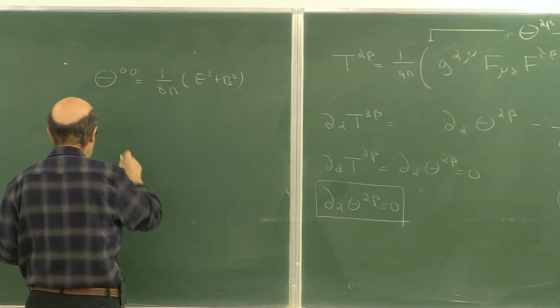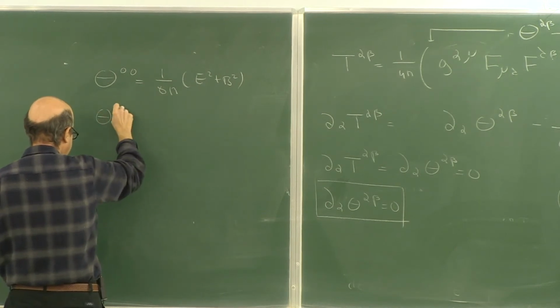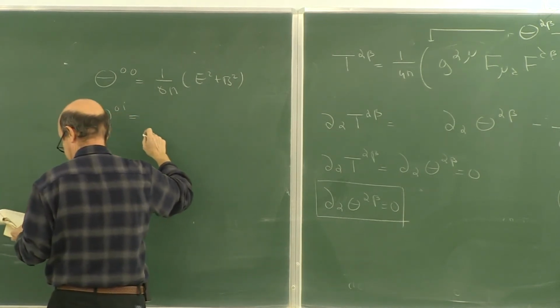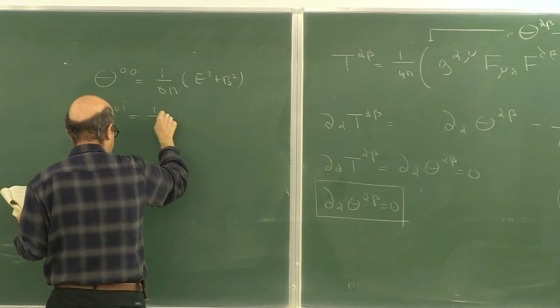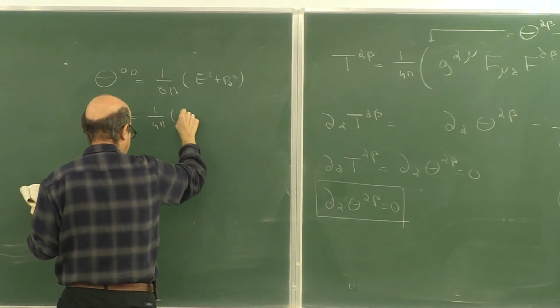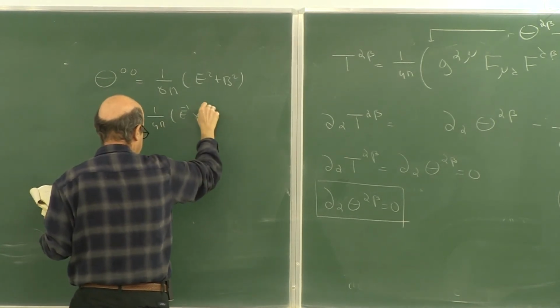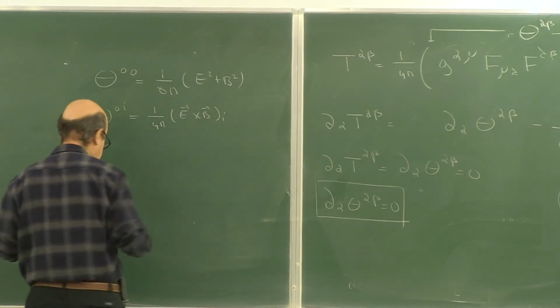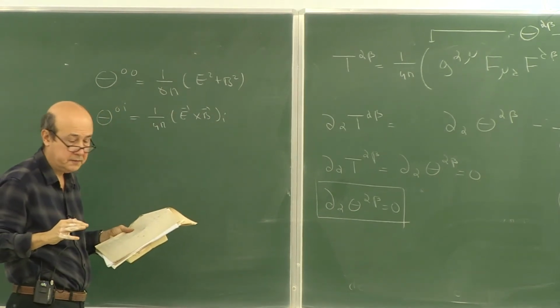And theta 0i is 1 over 4 pi E cross B i. That is related with the momentum of the field.